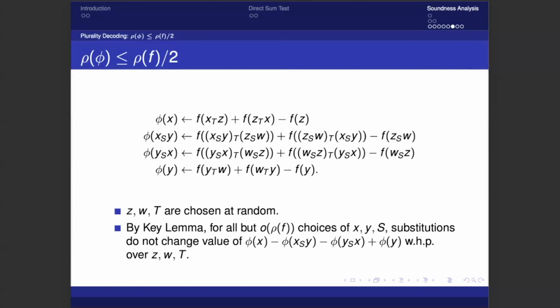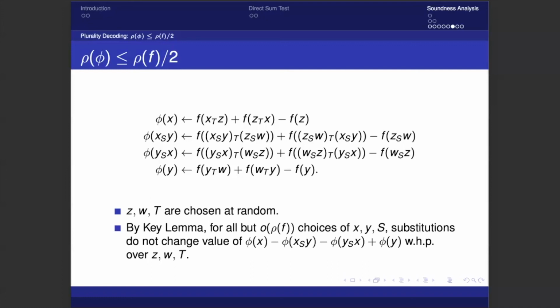Now we can use the key lemma to argue that for all but a small fraction of choices of x, y, and s, a little o rho of f fraction of choices of x, y, and s, the substitutions do not change the value of phi of x minus phi of xsy minus phi of ysx plus phi of y with high probability over the choice of z, w, and t.